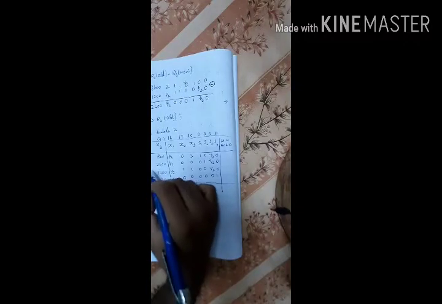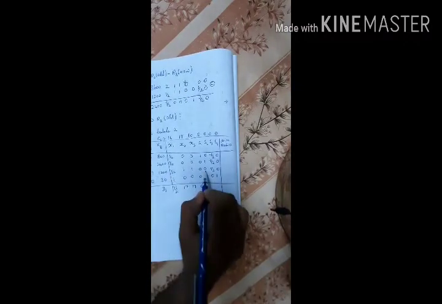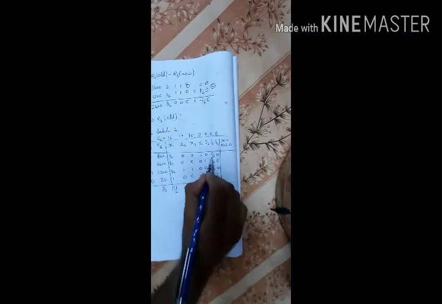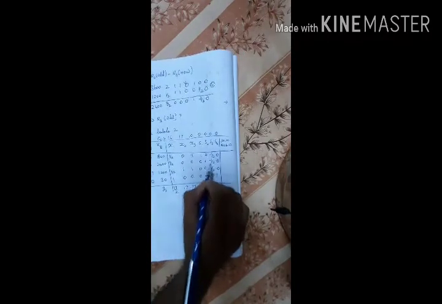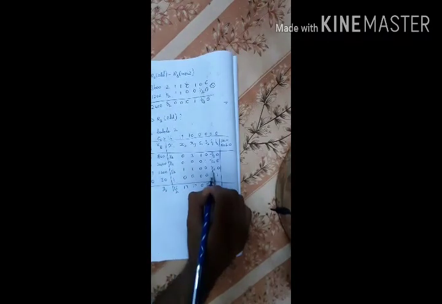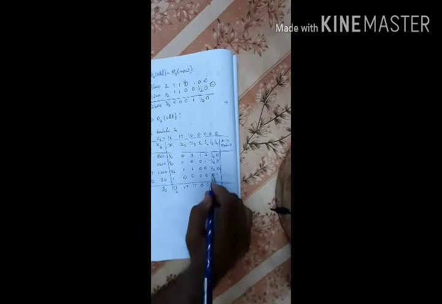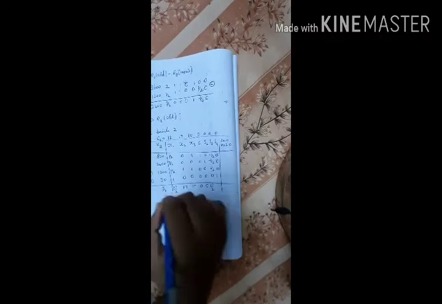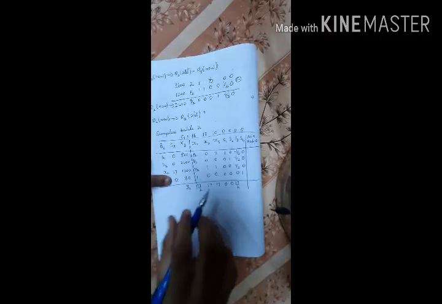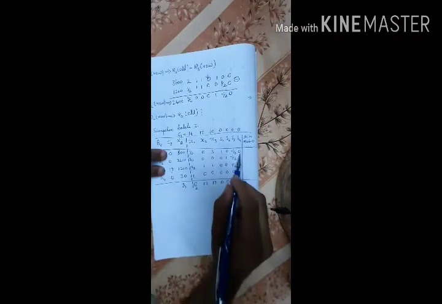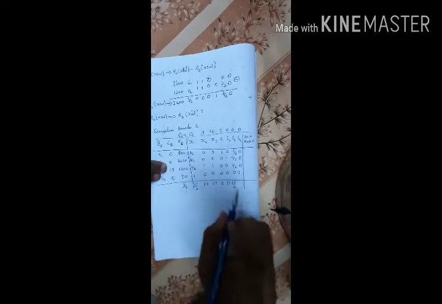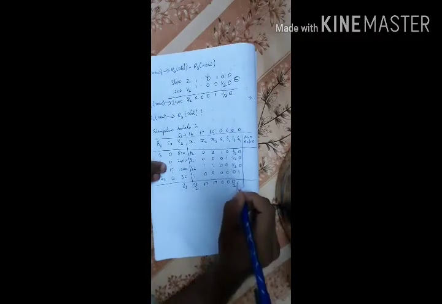Next, 0 into 0 plus 0 into 1 plus 17 into 0 plus 0 into 0 is 0. Next, 0 into negative 1 by 2 plus 0 into negative 1 by 2 plus 17 into 1 by 2 plus 0 into 0 is 17 by 2. Next is 0 into 0 plus 0 into 0 plus 17 into 0 plus 0 into 1 is 0.